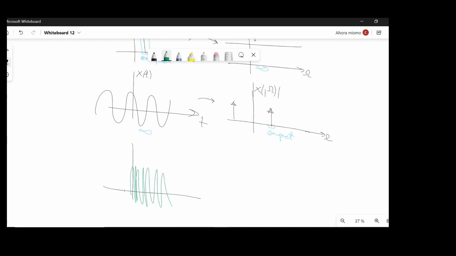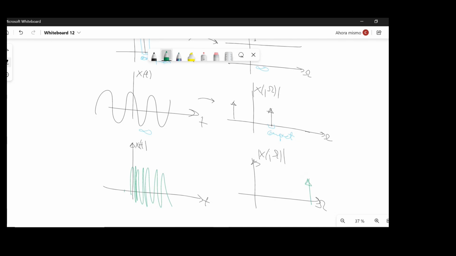Where should it go in the Fourier transform? Always put labels on your axis, so I should also do. This is x of t, this is t. So where should this go? Farther. This is high frequency.